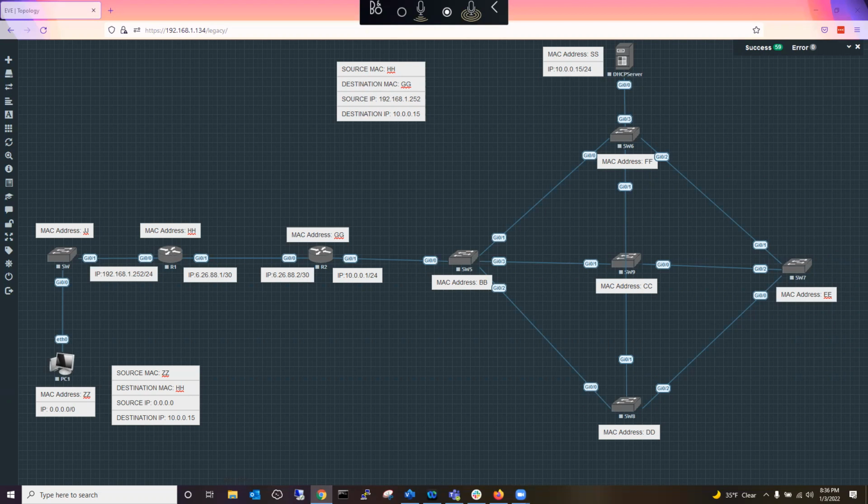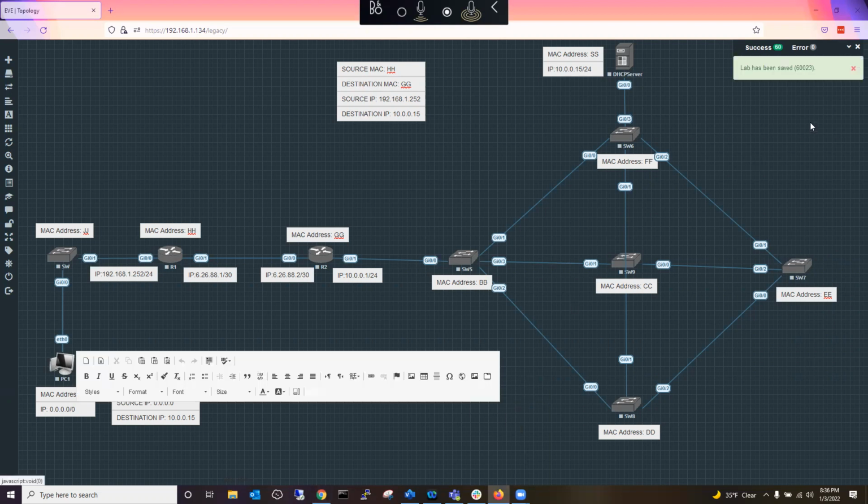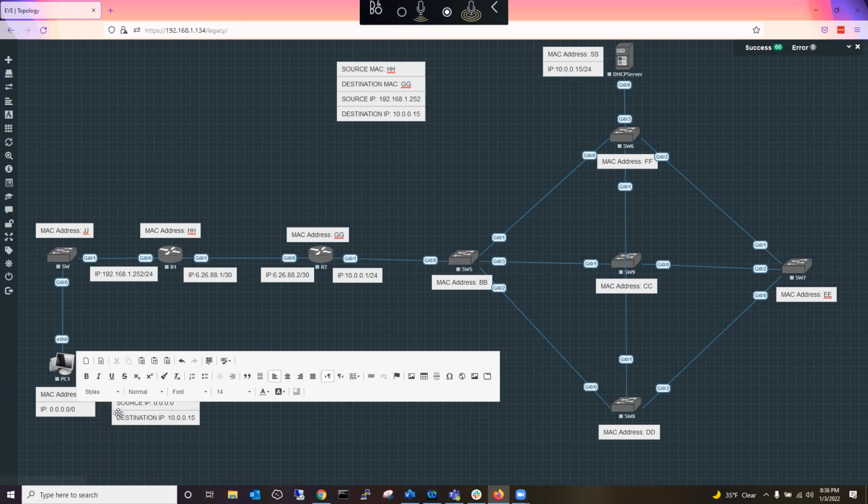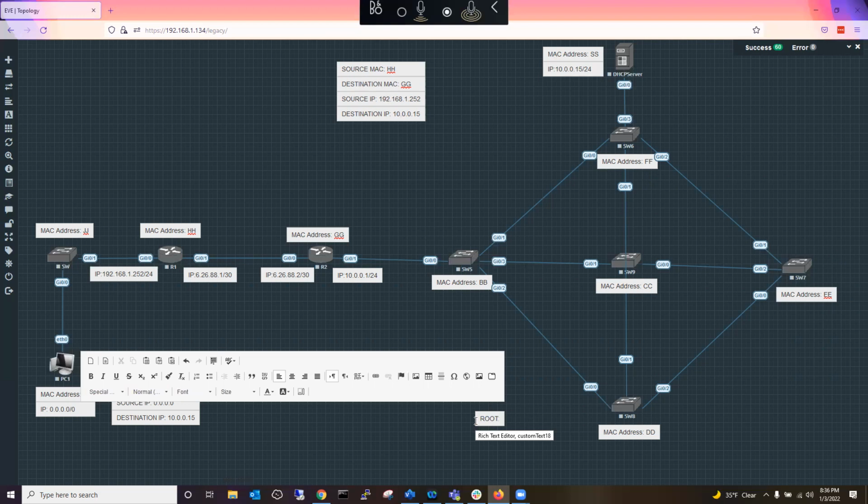Okay, so we were saying root bridge. Who's the root bridge? From what I was reading, it's the switch with the lowest MAC address, the one that would be elected the root bridge. So I'm thinking it would be DD. Or excuse me, maybe EE.